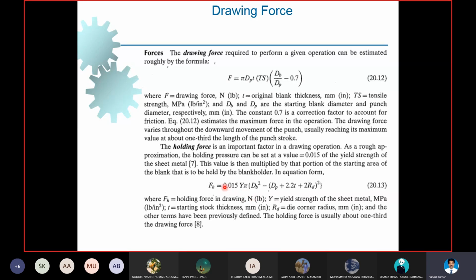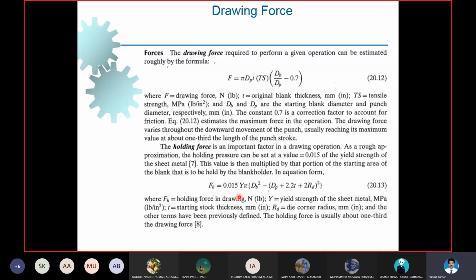So the holding force in drawing is 0.015, set by the design value, times the yield strength of the material, times pi, times (dB square minus (dP plus 2.2 T plus 2 RD) square). RD is the die corner radius. The die corner radius will be given for the die, and that radius is considered as RD. T is the thickness, dP punch diameter, dB blank diameter, Y is the yield strength.